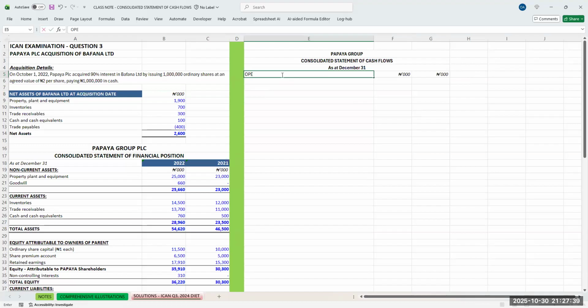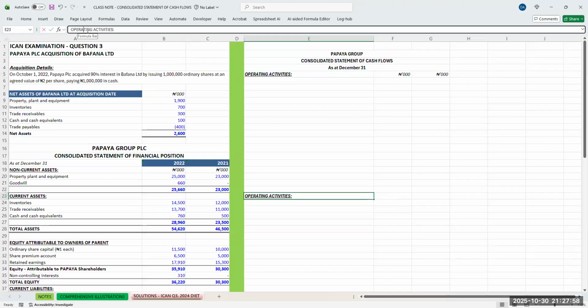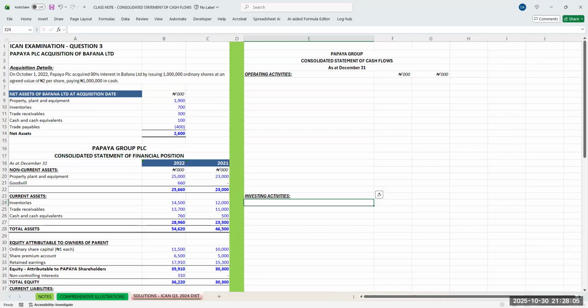And remember, I have my operating activities somewhere there. And somewhere here, because I'm using Excel, I can always amend it, I have my investing activity.